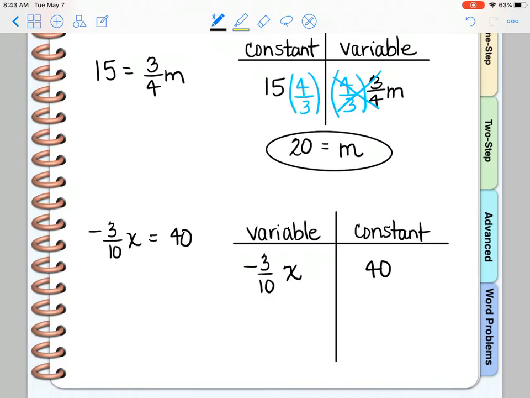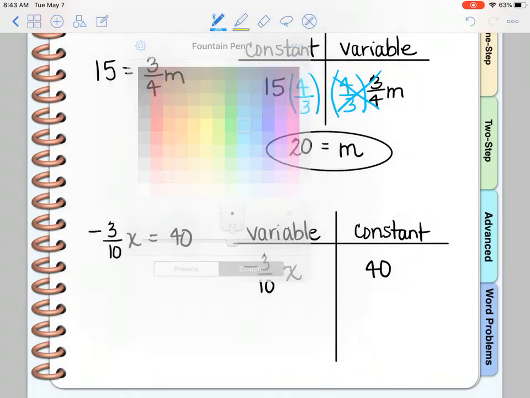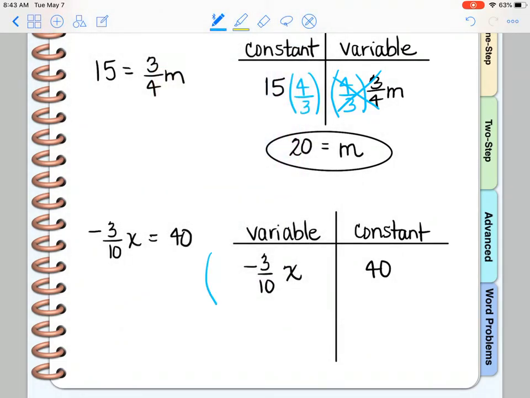And so we need to do the reciprocal of our fraction. And remember, we take signs along. So we have 10 over negative 3, 10 over negative 3, exactly the same to both sides. These cancel and those cancel. So I'm left with the x, which is very good.